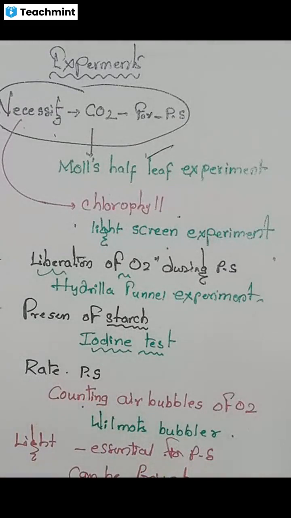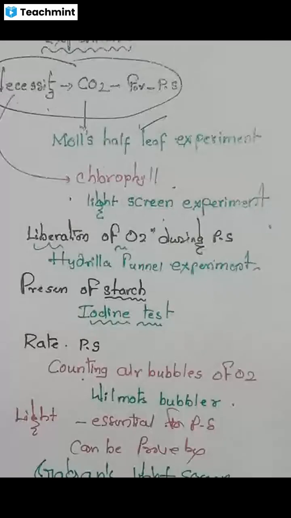The liberation of oxygen by the hydrilla funnel experiment. The presence of starch by the iodine test. The rate of photosynthesis by counting air bubbles of oxygen through Wilmott's bubbler.